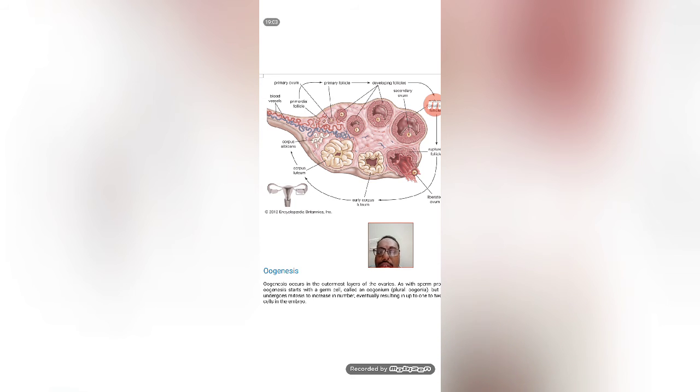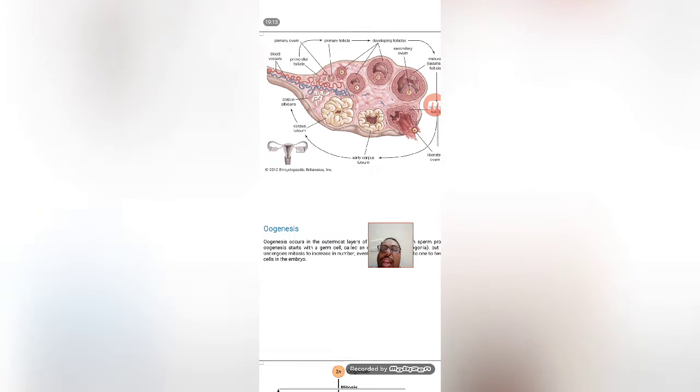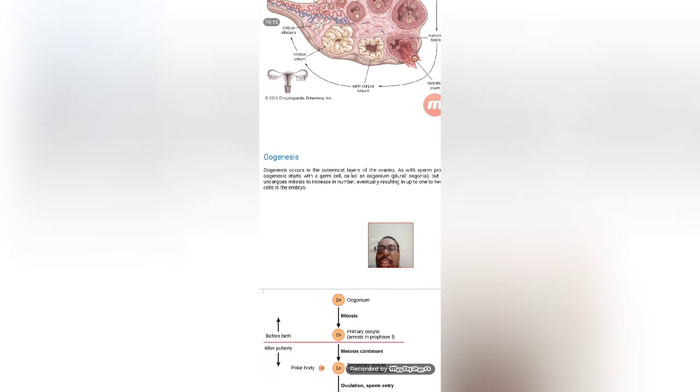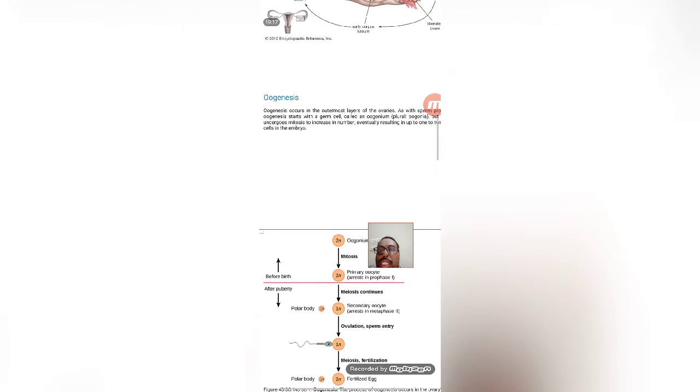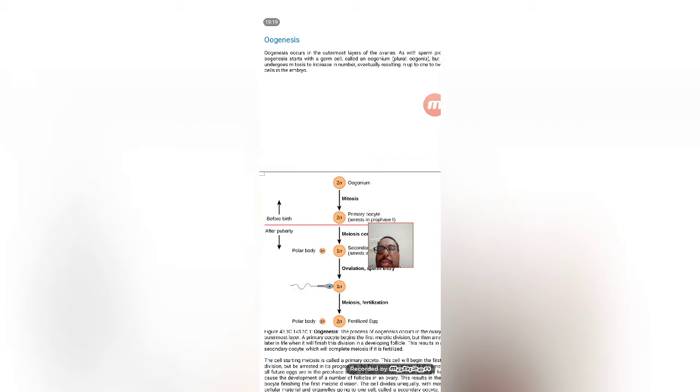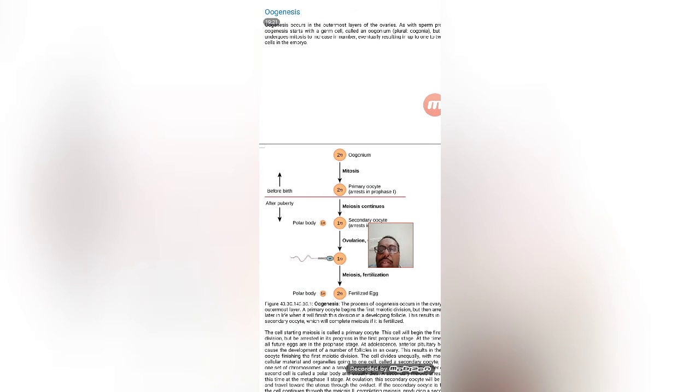Same as spermatogenesis, this egg is also formed through a series of steps, which includes mitosis and meiosis. And same as we had discussed there, the same steps follow with a minor difference.